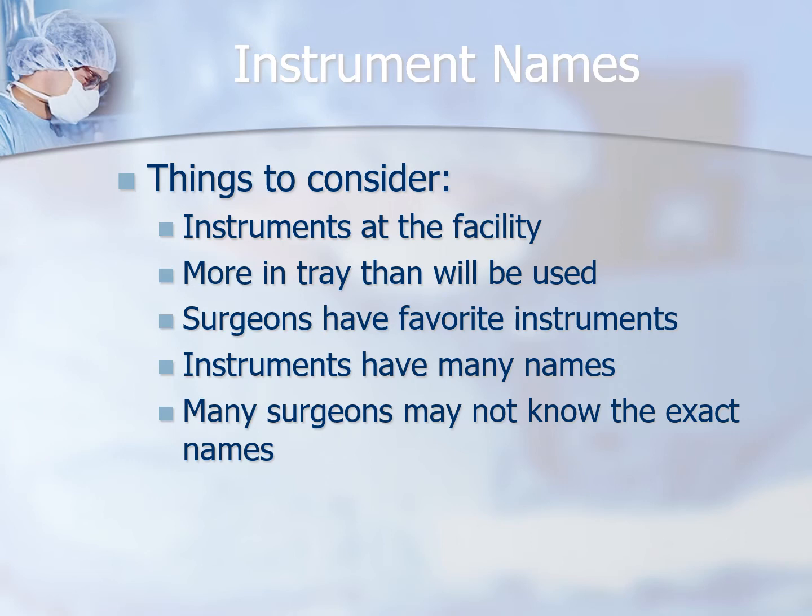There were a couple instruments in there called rongeurs, a smaller one and then a bigger one. He called the smaller one Toe Jam Jr. and the bigger one Toe Jam. So it was TJJ and TJ. The first time he asked me for Toe Jam Jr., I had no idea what he was talking about. So surgeons add their own little nicknames to things, so just be aware of that as well.